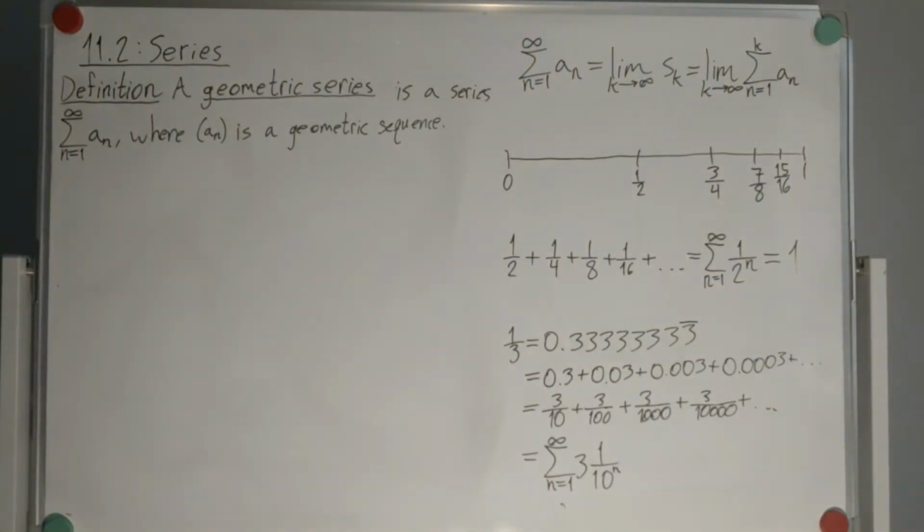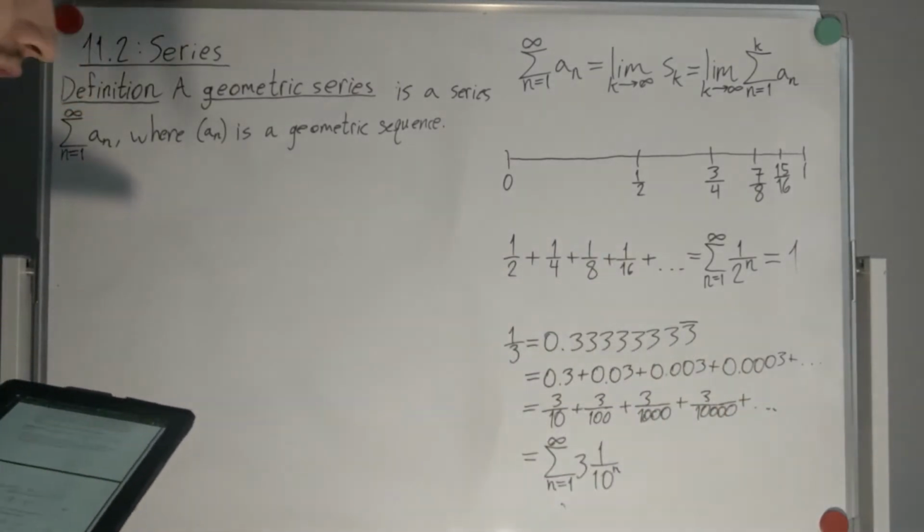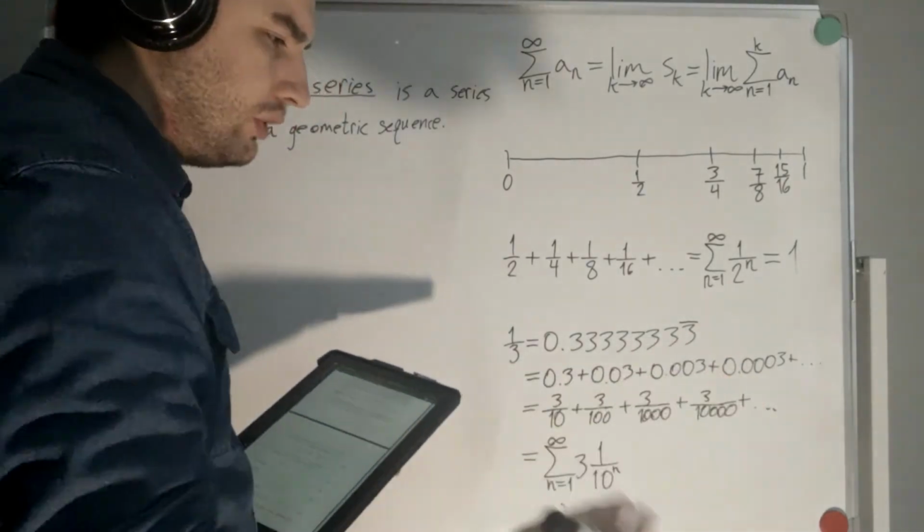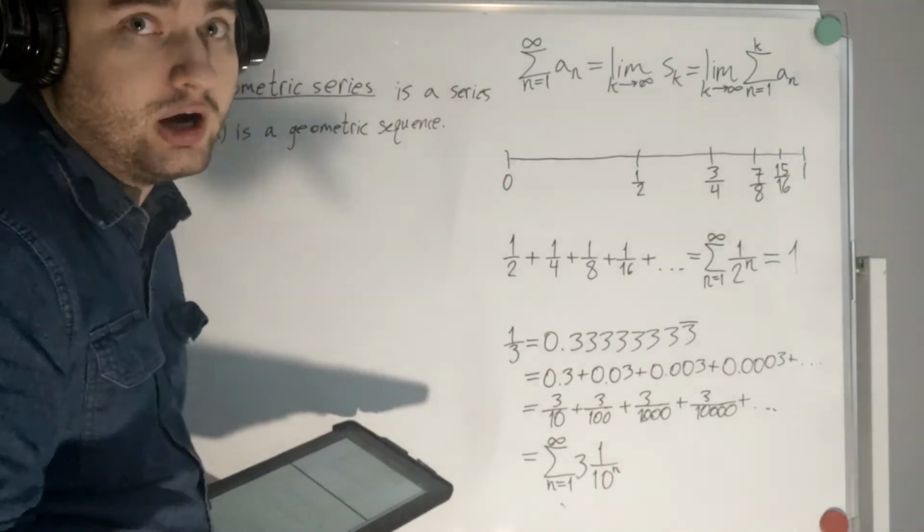Okay. And we talked about geometric sequences in the last lecture. That was just any sequence whose successive terms are multiplied by a constant factor that we called r, right?